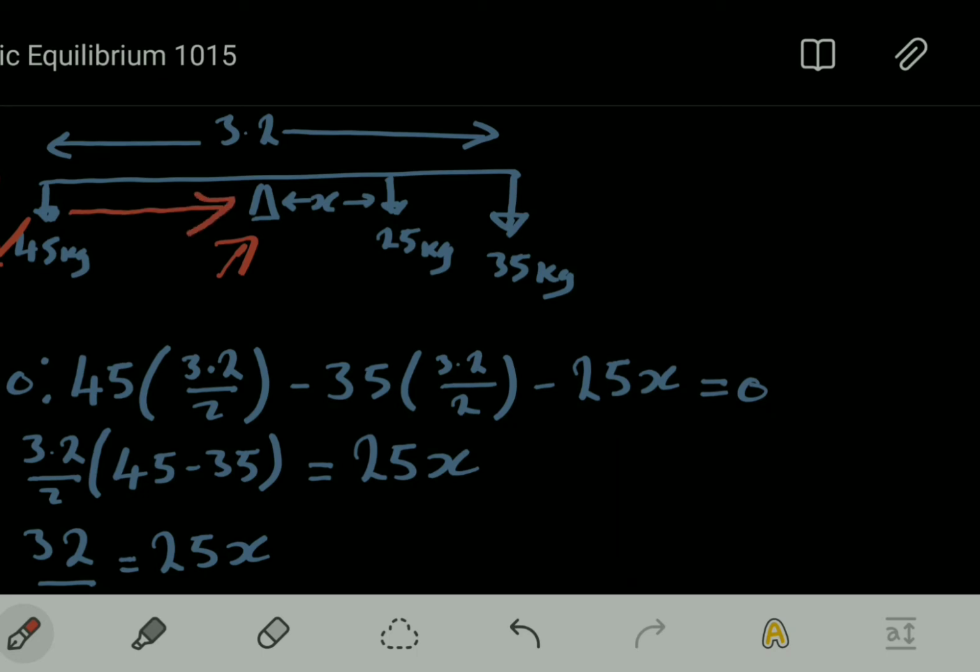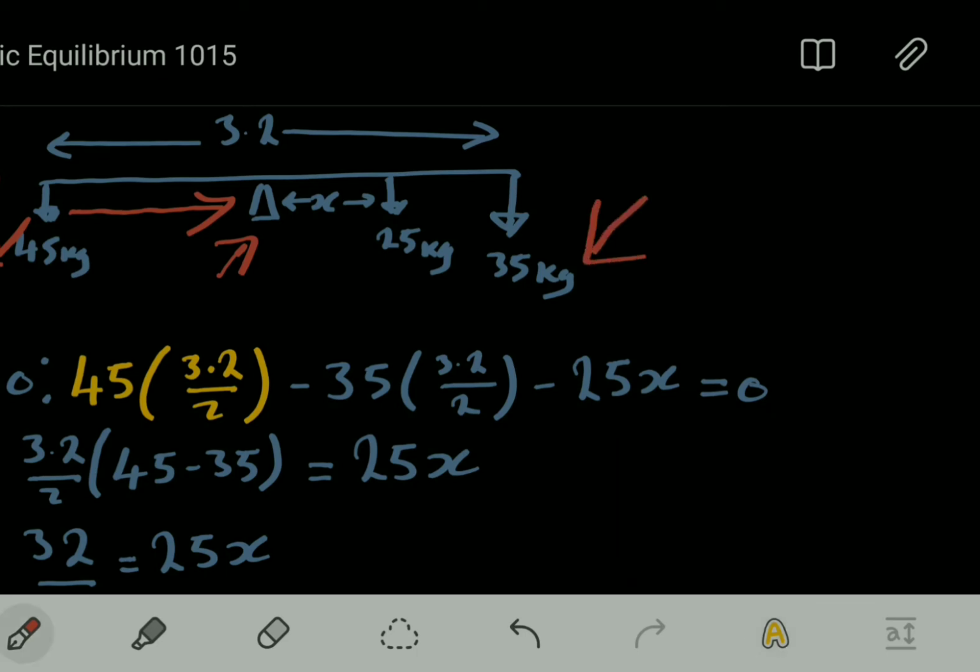Therefore the distance will be 3.2 divided by 2. That's why we have 45 kg multiplied by 3.2 over 2, minus 35 the other end.